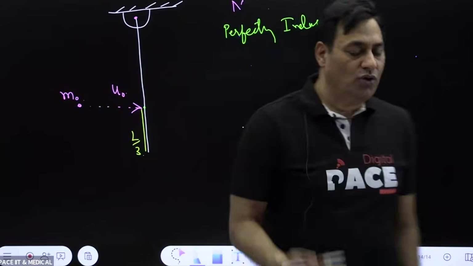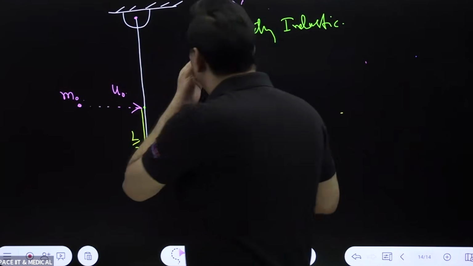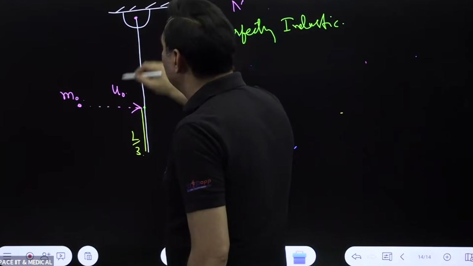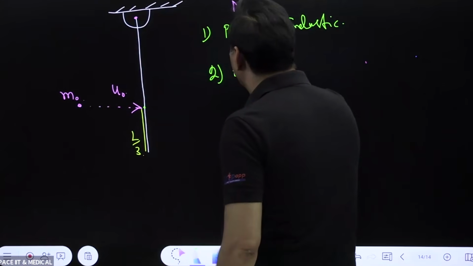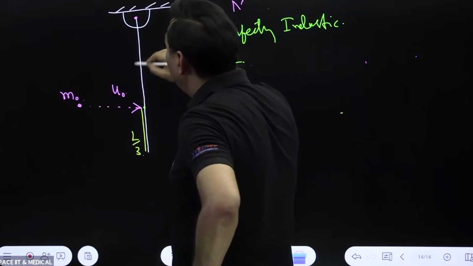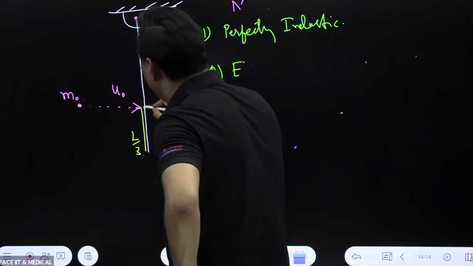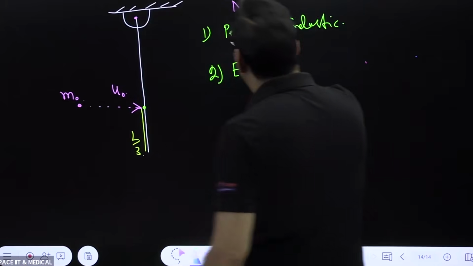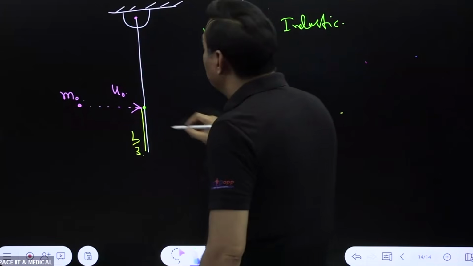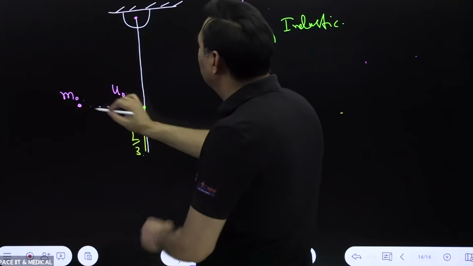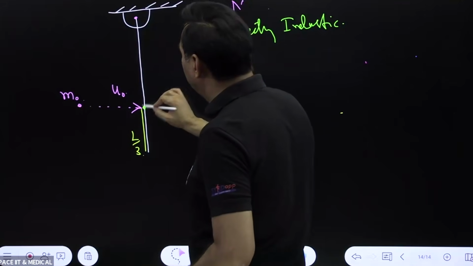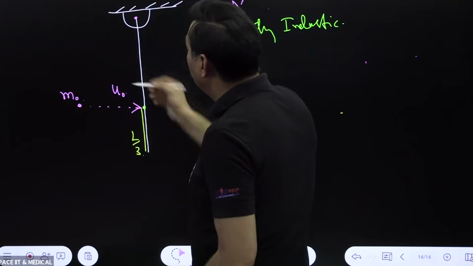So obviously you all know, just pay attention. If it is perfectly inelastic, and in the second case we'll take elastic. We will do both. Now, after collision, if this sticks to it and gets embedded in it, suppose we are taking a perfectly inelastic collision, the rod is wooden, the bullet is metallic and gets embedded here, how do you define the motion?